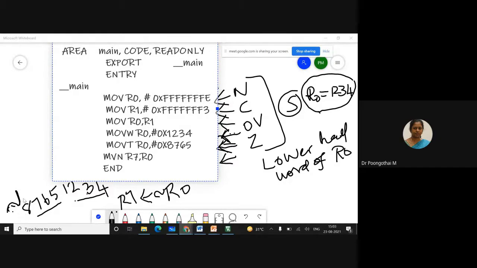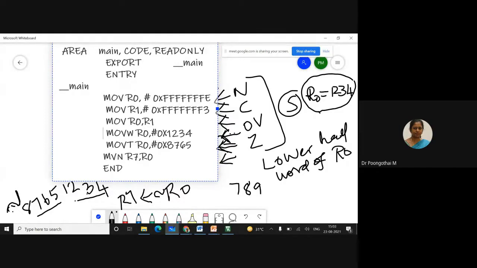See, inverse of 8, what's the answer? Inverse of 8 is 7. Inverse of 7 is 8. Inverse of 6 is 9.